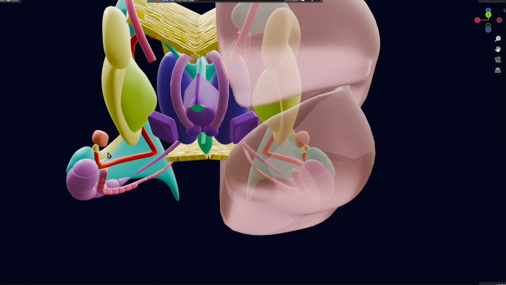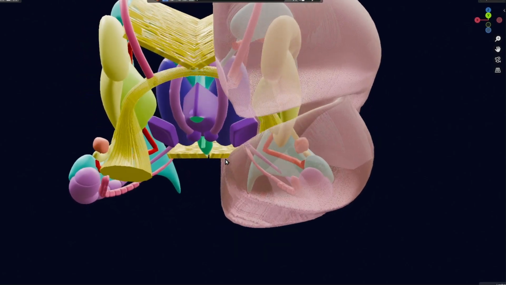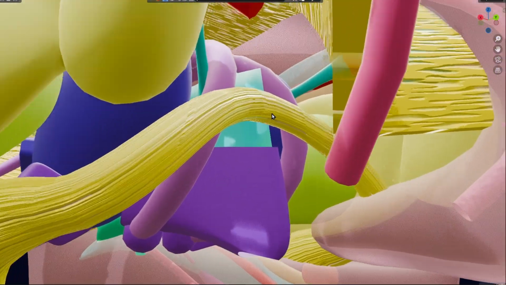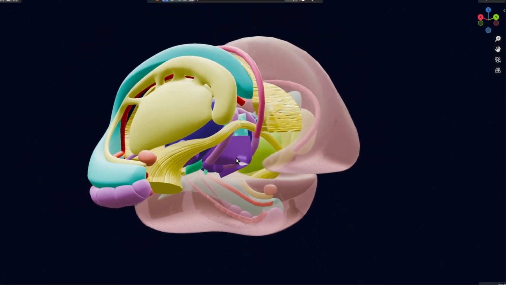So from the left temporal cortex, nerve fibers are growing and going towards the right temporal cortex, and from the right temporal cortex, fibers will grow and move toward the left temporal cortex. So you see like this, and they are actually passing through the lamina terminalis. This is the lamina terminalis.